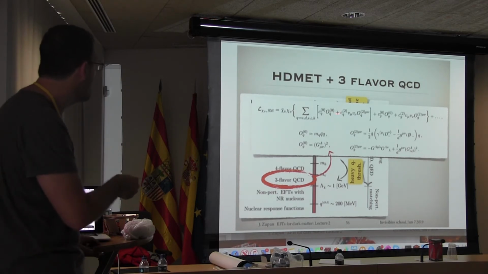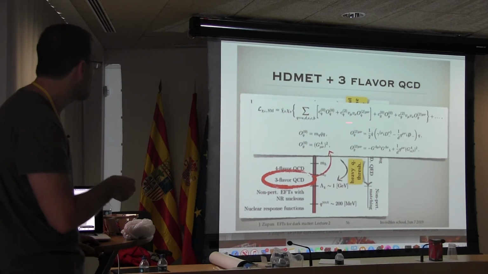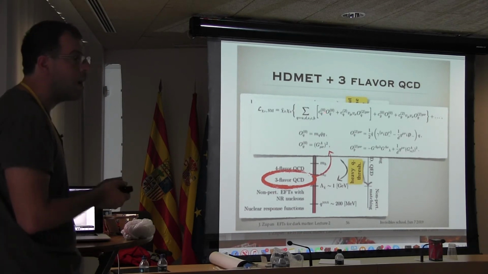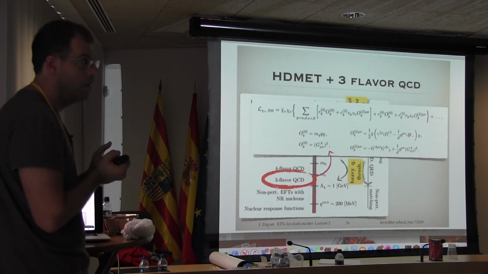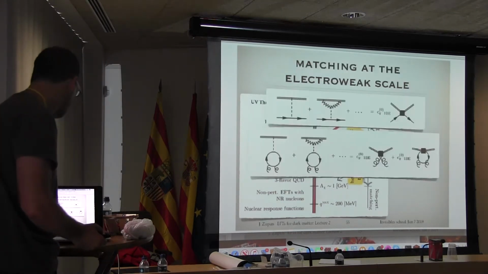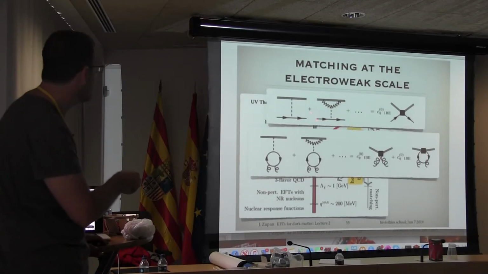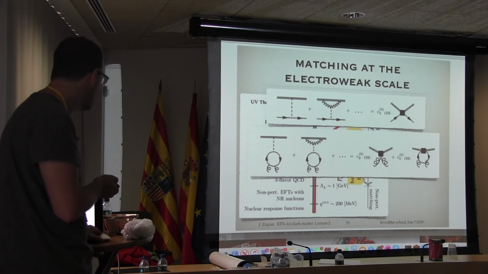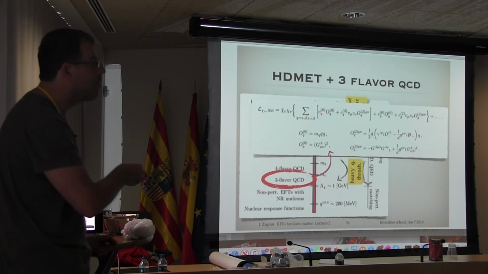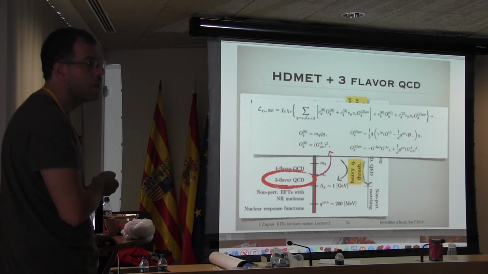You see that for the first operators you can write down, there's no dark matter mass. The 1 over scale which sits in here will come from the interaction, and the interaction is at the electroweak scale. So this comes from these exchanges, and the scale here is the Higgs mass and the W mass. So these coefficients here are 1 over the electroweak scale.